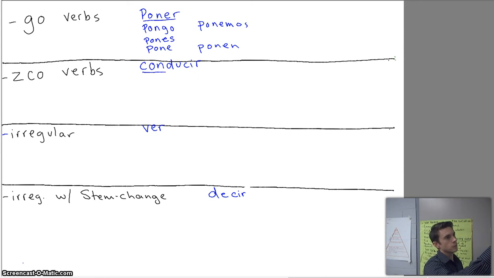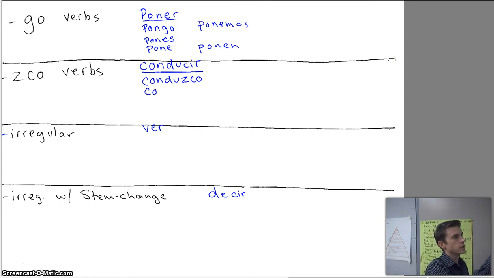Let's take a look at conducir. It's a SCO verb, so that is what our irregular yo is going to look like. So it is going to be conduzco. Perfect. Conduzco. After that, it's not irregular.